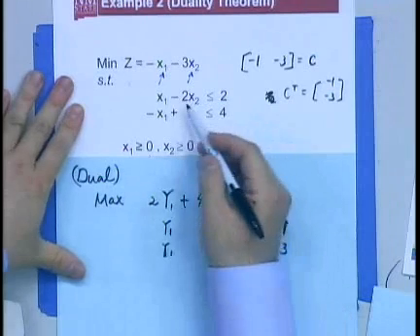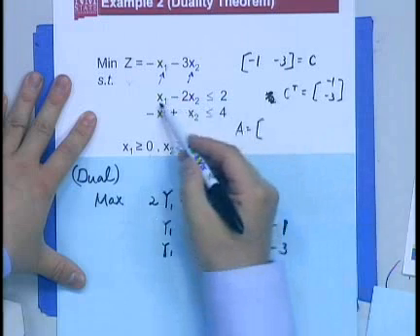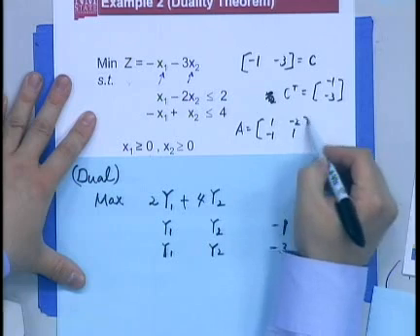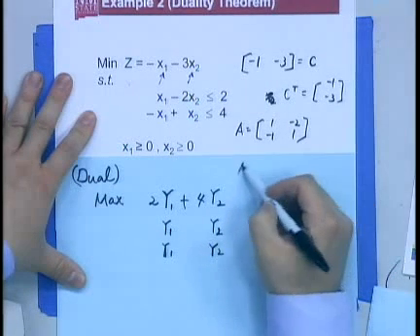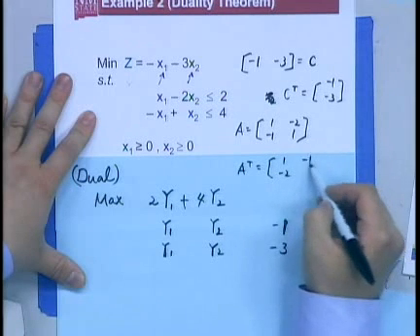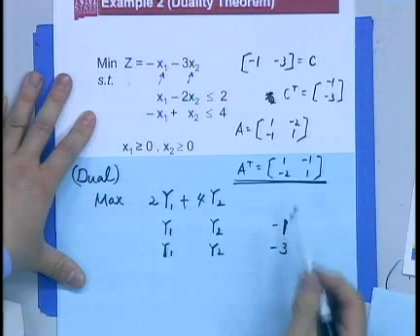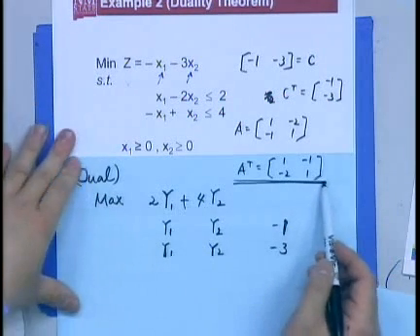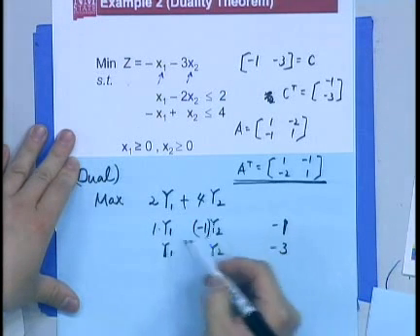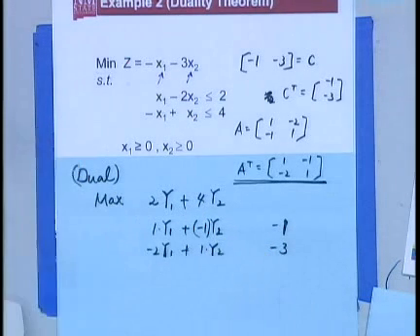And the constraint coefficient matrix A in the primal problem is a 2 by 2 matrix, 1, -1, -2, 1, right? So the transpose matrix, which is 1, -2, -1, and 1, becomes the constraint coefficient in the dual problem, right? So 1, -1, -2, and 1, right?